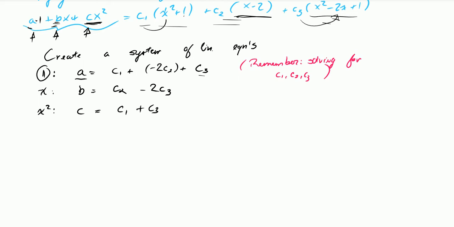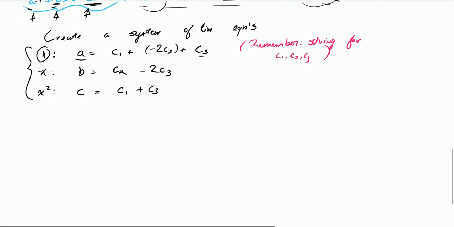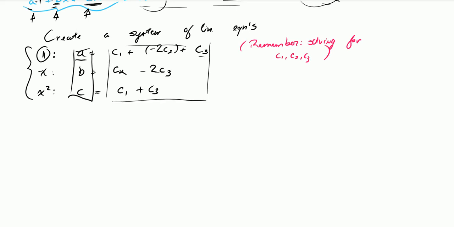And now this is my system of linear equations. I have my constants on one side and my unknowns on the other side. Again, just pretend that these a, b, c are numbers. Don't freak out that they're letters.